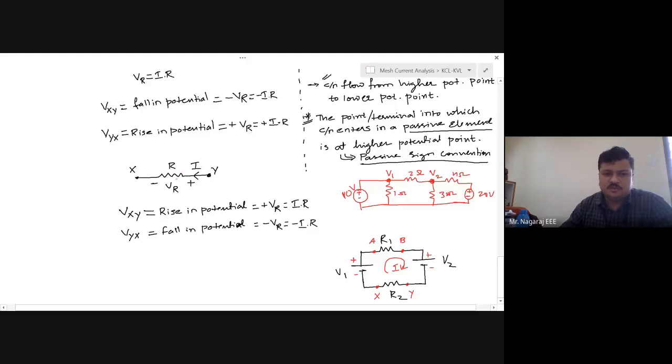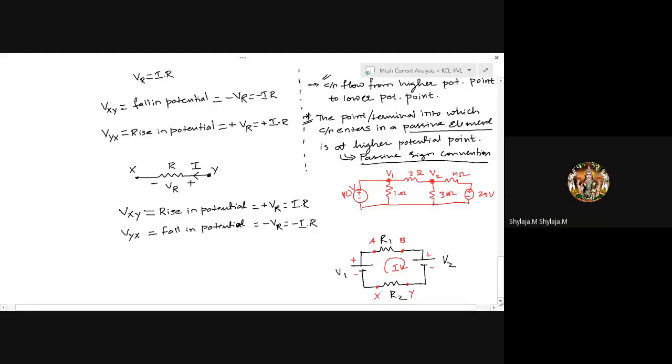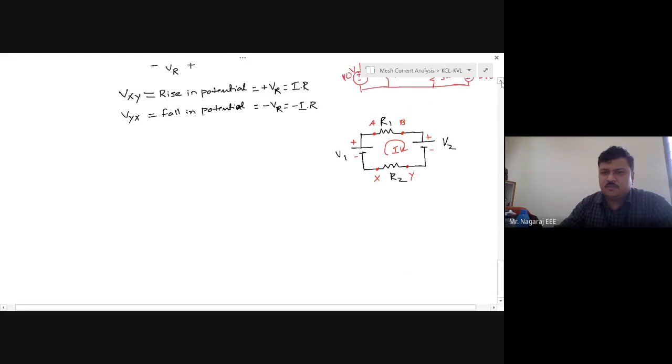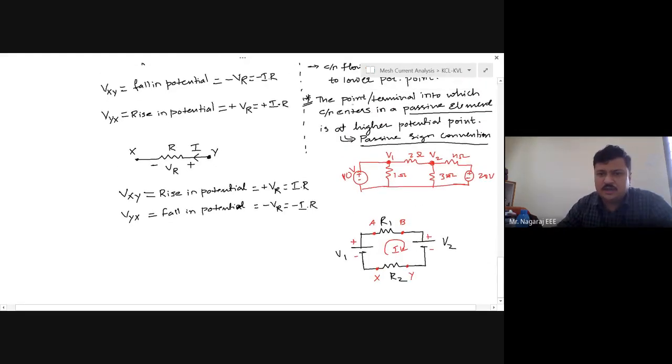A is positive. The terminal into which the current enters in a passive element is at higher potential, and higher potential means positive terminal. Current is entering terminal A, so A is at higher potential. Obviously B will be at lower potential.